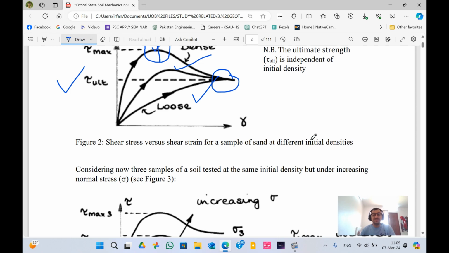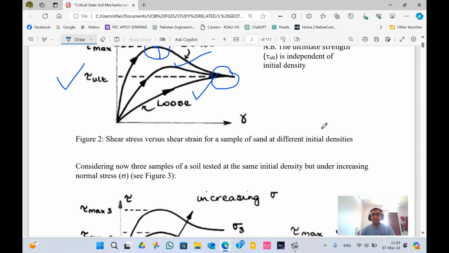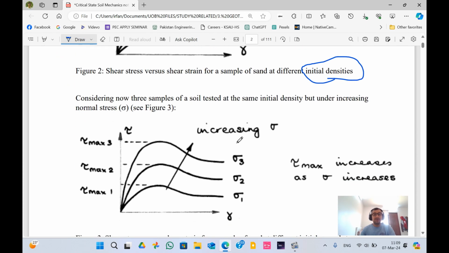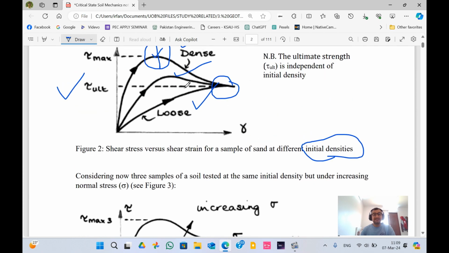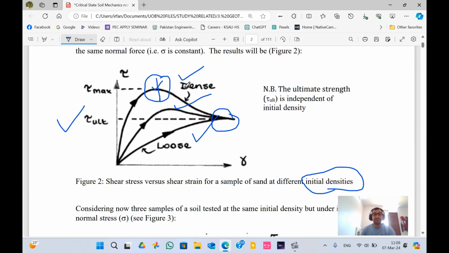Now initial densities are there. Density we already know, mass per unit volume is the standard definition of density. Now this example was basically of a soil which was subjected to initial stress, and the stress was the same on all these soil members.